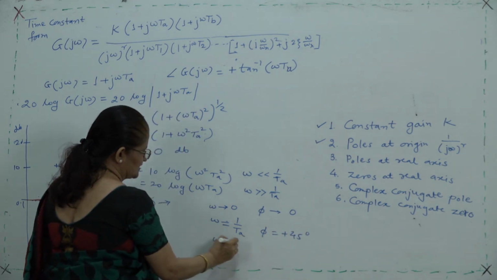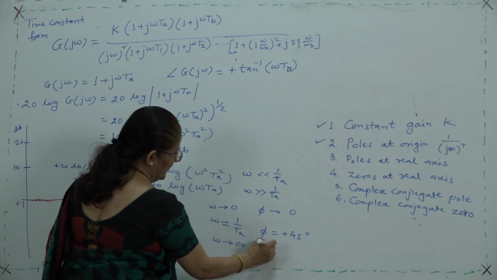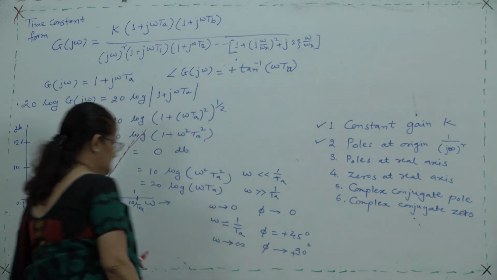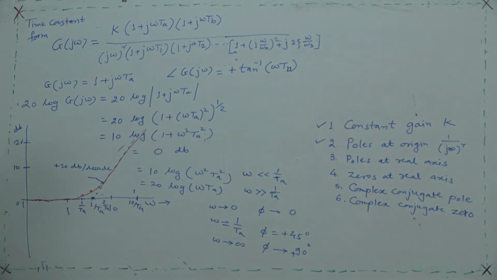As omega is tending towards infinity, angle will tend towards plus 90 degrees. So, if I am representing the scale now, this is plus 45 degrees, this is 0, this is plus 90 degrees.